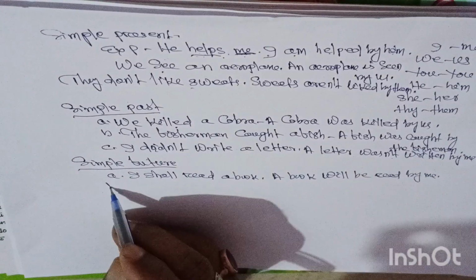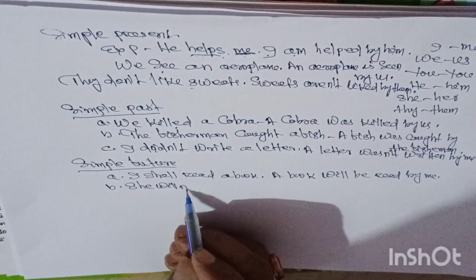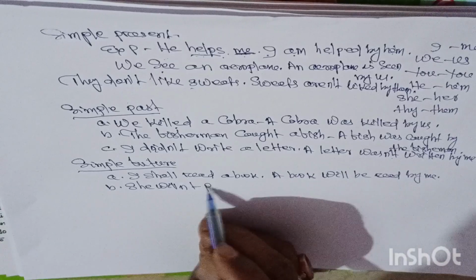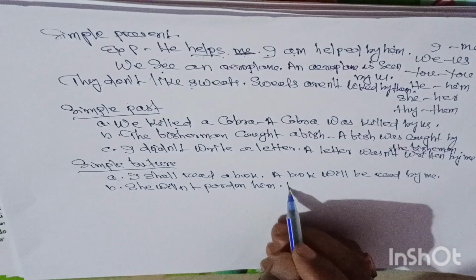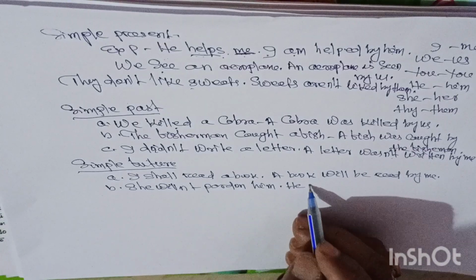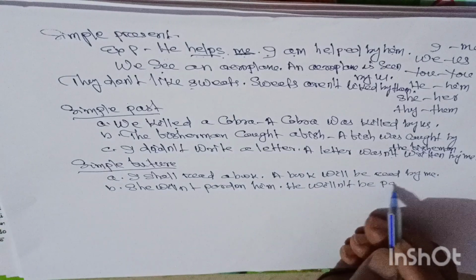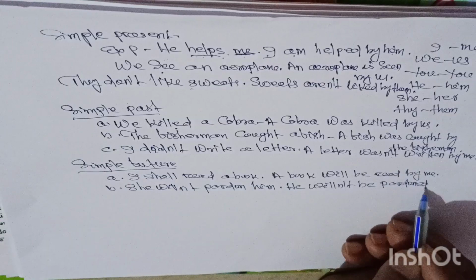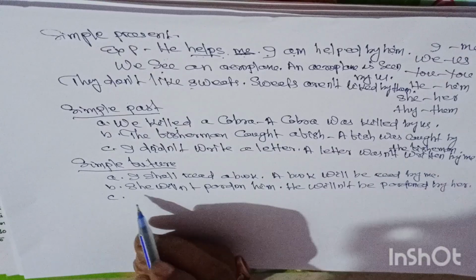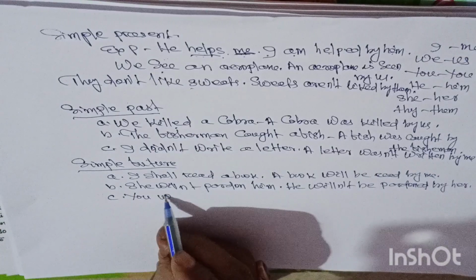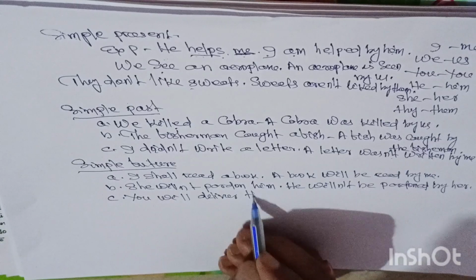The second example is she will not pardon him. Here him is the object, so he is used. He will not be pardoned by her. That is the second example. The third example is you will deliver the letters.